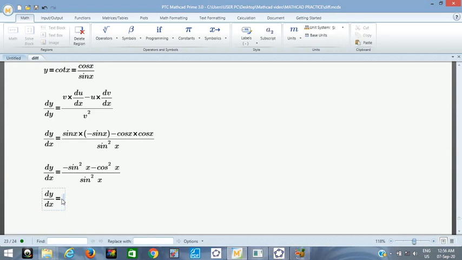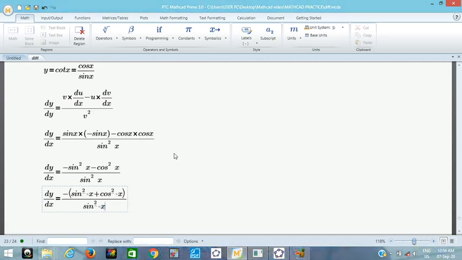The numerator, minus is common. Let's bring the minus out. Open bracket, sine squared x plus cos squared x, then divided by the denominator, which is sine squared x.